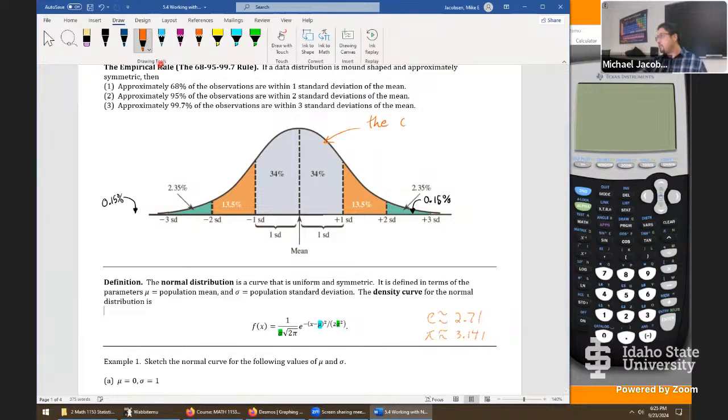The curve has an extent of -infinity to infinity for its domain. So that's a way of saying it goes to the left forever, going that way. It goes to the right forever, going that way.